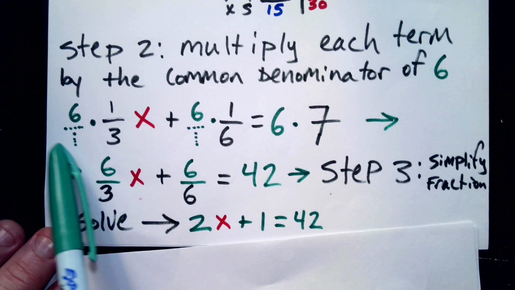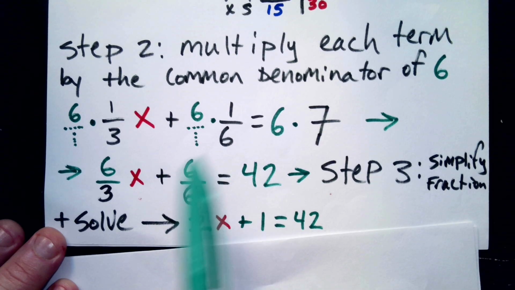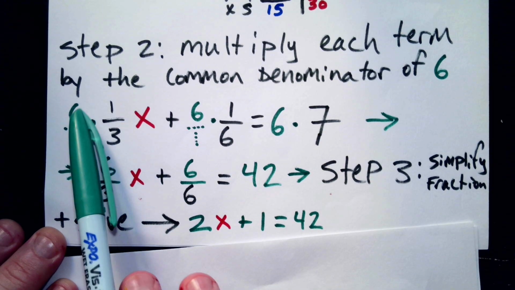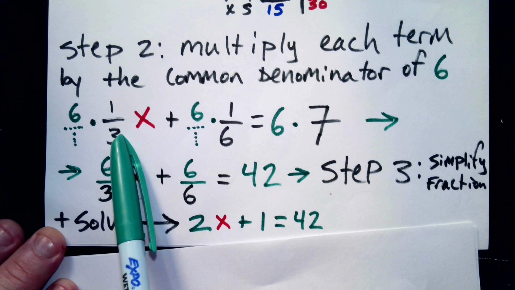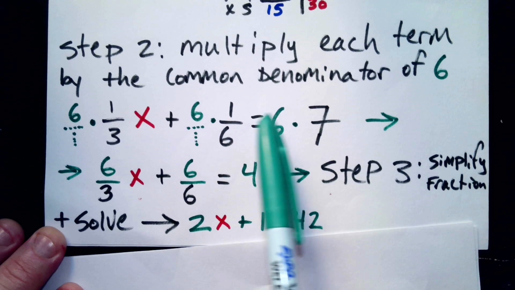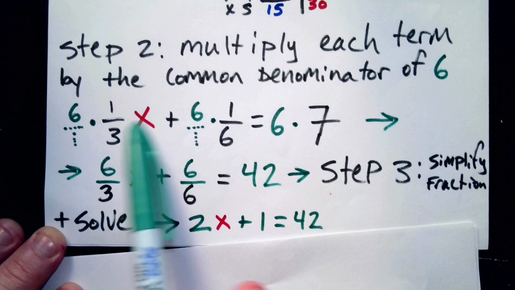Remember, I talked about the invisible 1s underneath a term if it's not shown. And when we multiply fractions, we multiply top to top and bottom to bottom. So remember, we're multiplying each term in this linear equation, and even the 7 we're going to multiply times 6.